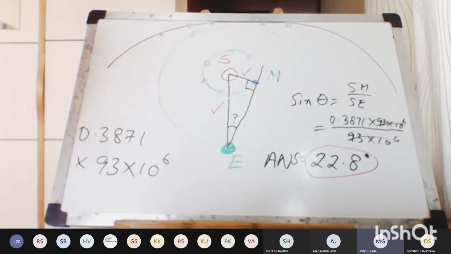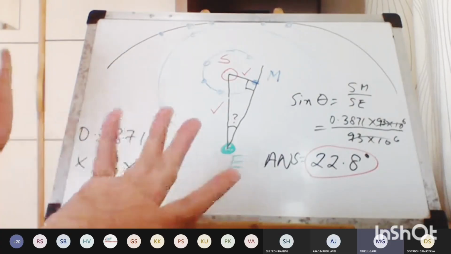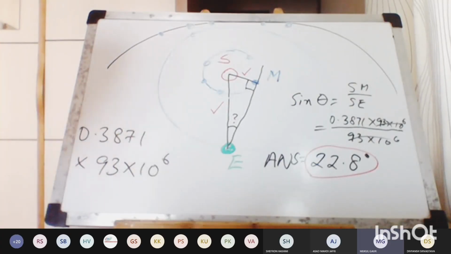So that is the maximum elongation. Call it the angle of swing, however you understand it.